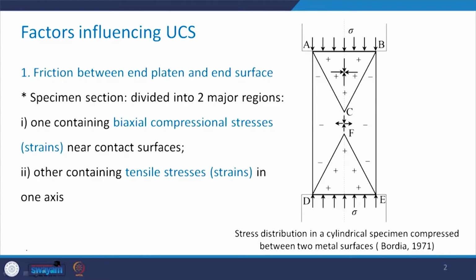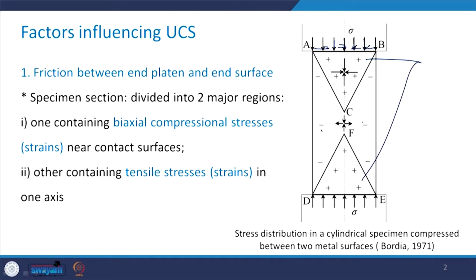Let us see that. This specimen section can be divided into two major regions. Take a look at this figure. One is these two conical portions and the other one is the remaining portion. Now, see what is happening, because here this vertical axial load has been applied and there is a presence of friction.